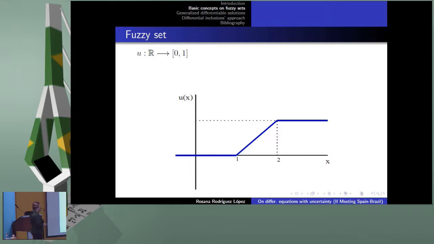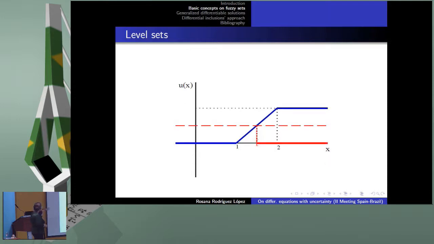To work with equations that are using elements in this base space, the simple idea is to make cuts of this function and to detect at which points the function has values greater than a certain level. This level is like the level of certainty. When the function is 0, you understand that these elements in the domain are not representative.